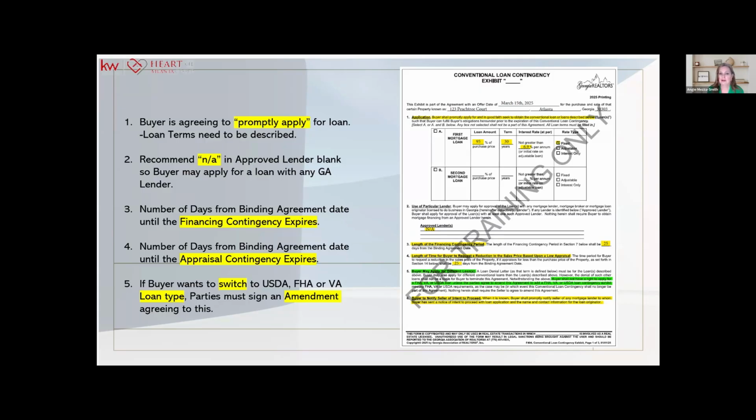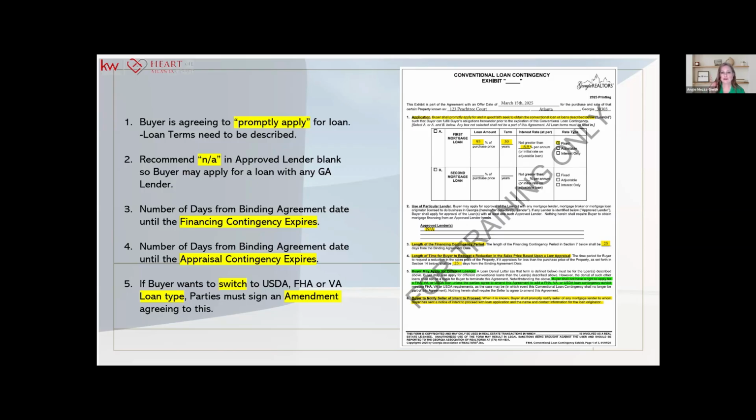So if the buyer, I mentioned this earlier, it says here in paragraph 5, if the buyer wants to switch loan types, then they must do so with an amendment, and that amendment needs to state, like an amendment to agreement, that all parties agree that the blank exhibit is hereby removed, and the blank exhibit, FHA loan exhibit, for example, is attached hereto and made a part of this agreement, and everyone's got to sign off on that.